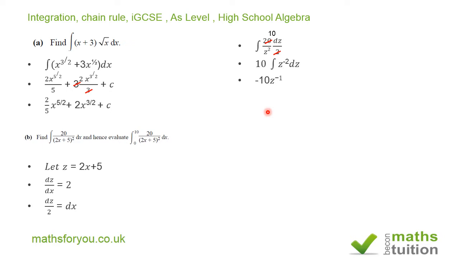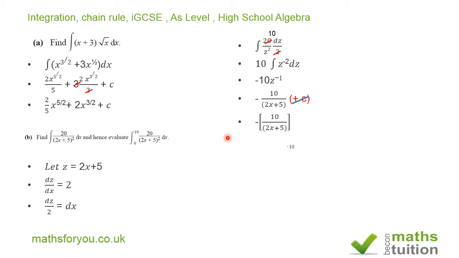Now I can write z to the power minus 1 as 1 over z, and z is 2x plus 5, if you remember from our substitution. So I end up with minus 10 divided by 2x plus 5. Now, because we are integrating within limits of 10 and 0, we don't need the integration constant of plus c. It's not needed.